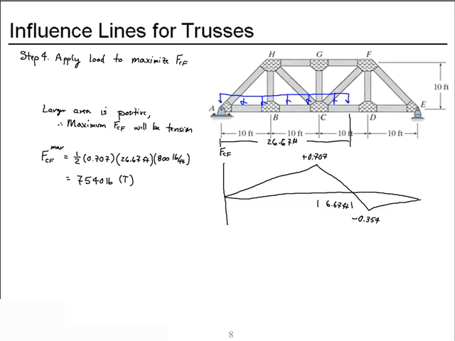The positive area was much bigger, and so we applied the distributed load over the region where the influence line is positive, then applied that distributed load, calculating the resulting force in member CF, and found 7,540 pounds in tension. Well done.